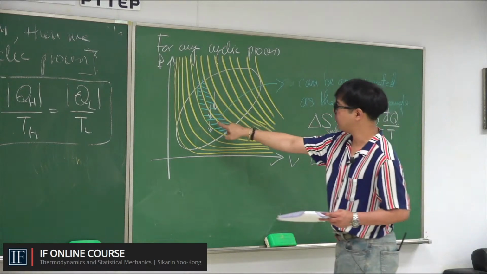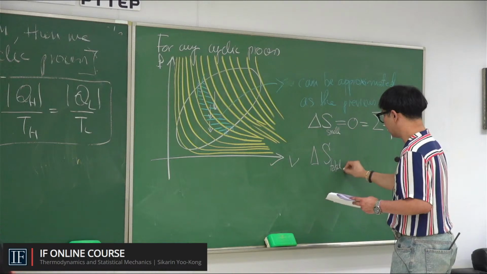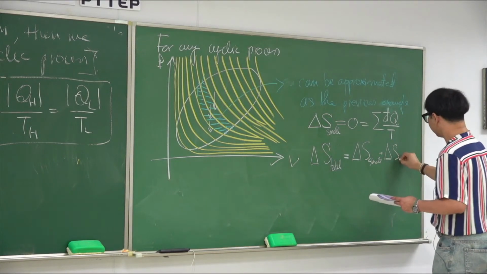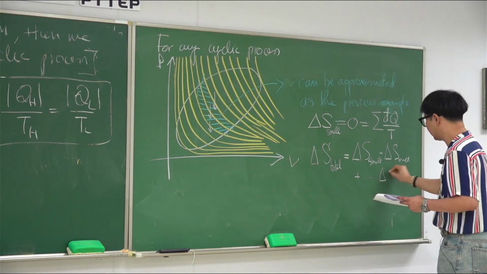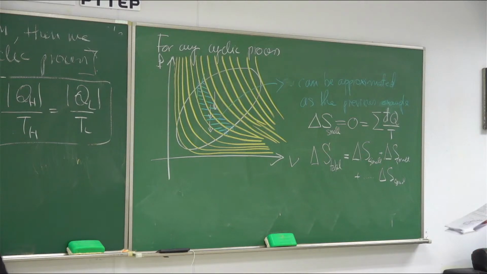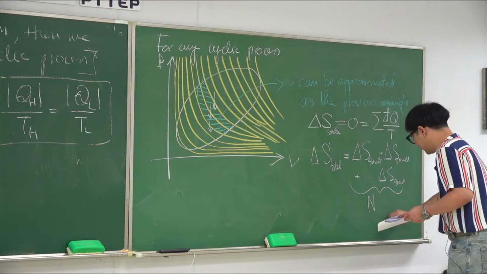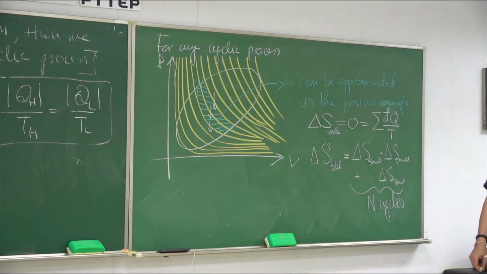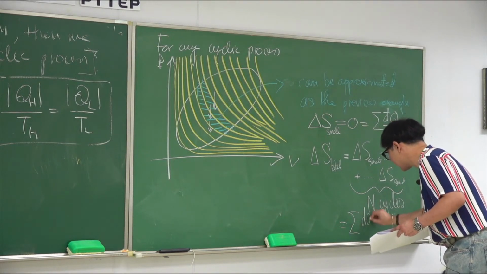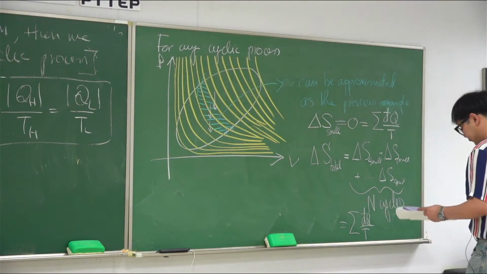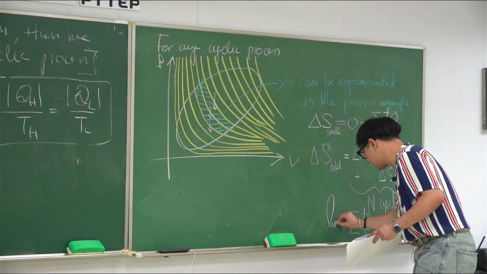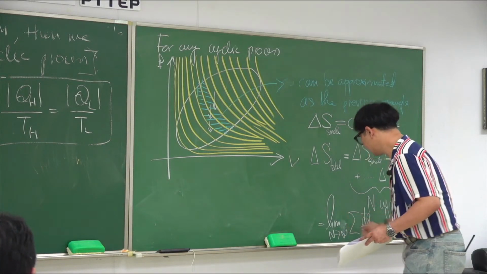I put small because each one is small, and you have to add all the small ones. It looks very simple: suppose that you have n cycles, then you have a summation of this, with the limit n going to infinity.